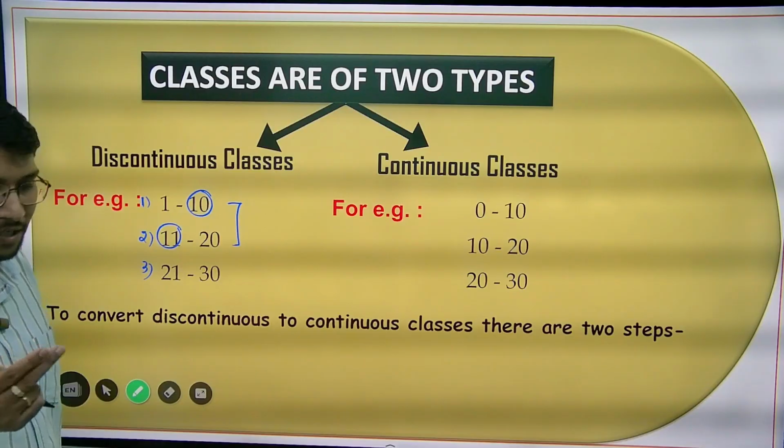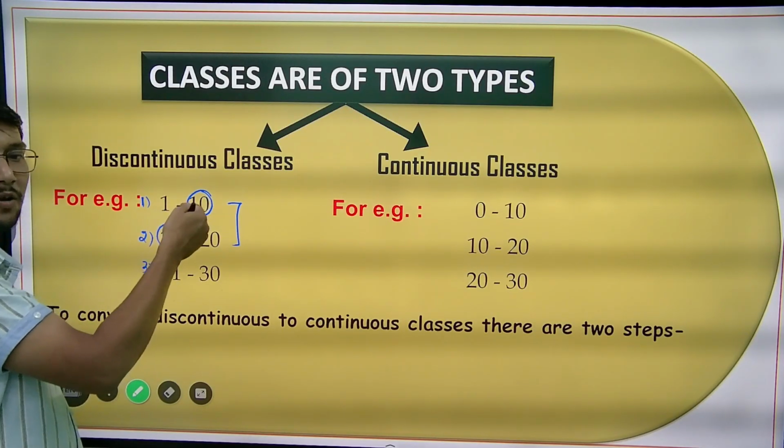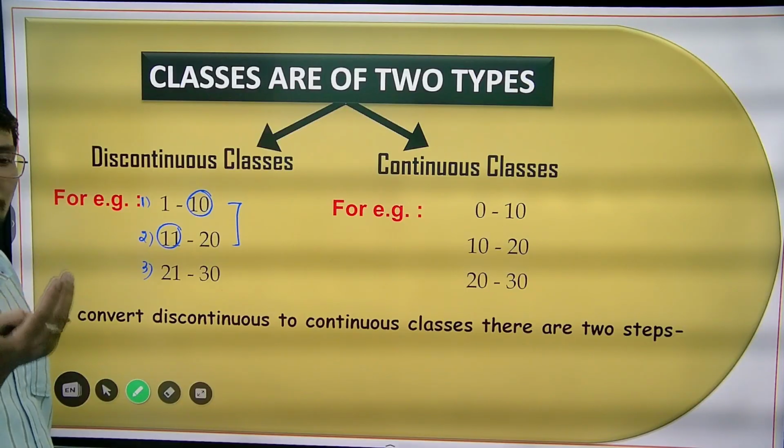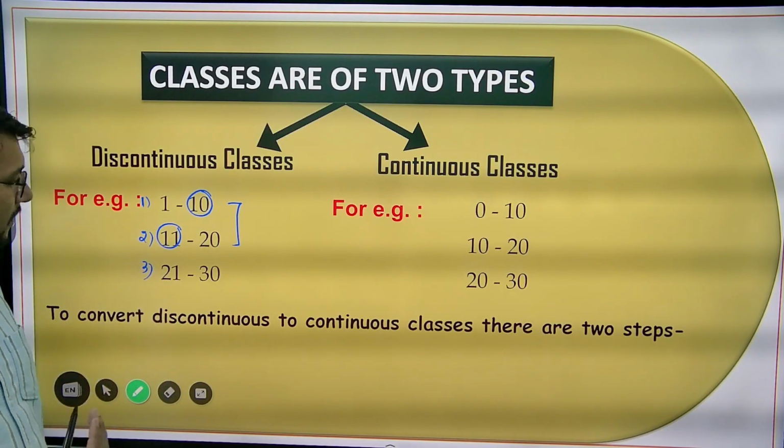Difference of which one? Two consecutive classes, upper class and lower class का difference. So first one upper, second one lower class limit का difference we have to find.